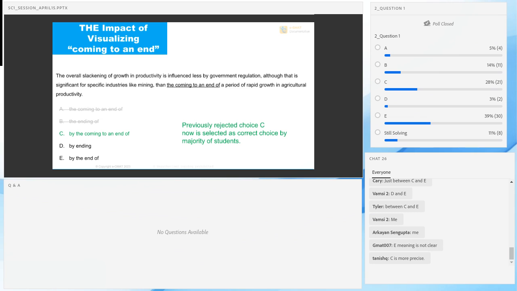And the other was visualizing the meaning of coming to an end. Definitely, visualizing the meaning of coming to an end was the main faltering point in this question. Is this point clear? Do you guys understand why it is so important to spend that much time on the original choice? Because this is very, very critical. Okay.